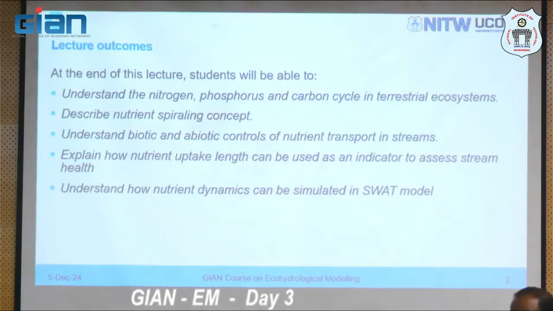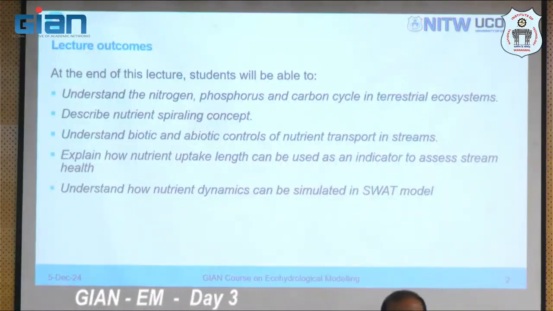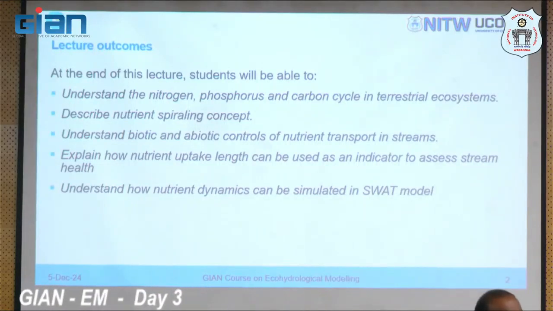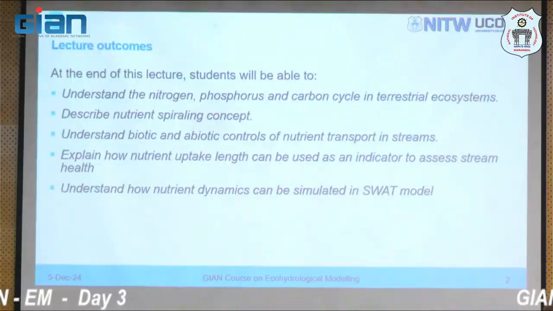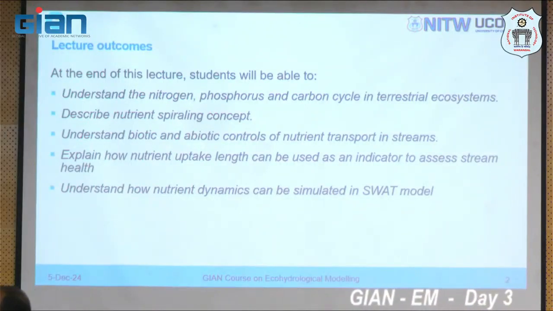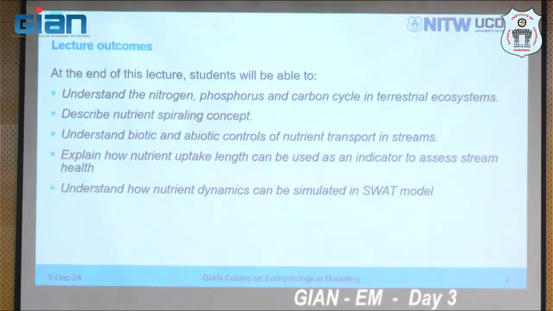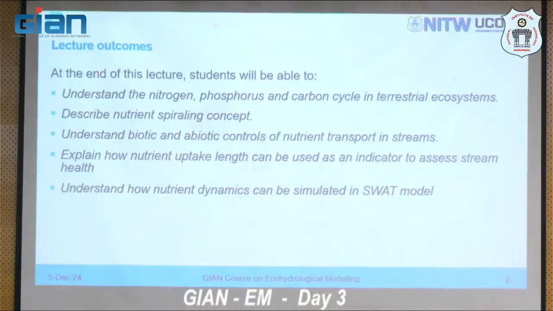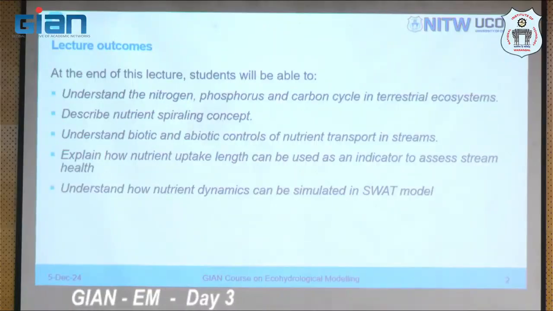All this nutrient cycling must be simulated within the model to get good predictions of nutrient dynamics. When we say that the nitrate or phosphate content in the stream is going to be so and so, it has to be simulated, and that is where the integration with the hydrological cycle comes into the picture. What is the flow? What is the nutrient transport to the sediment, to the soil erosion, and what will be the concentration at a certain point in your stream?